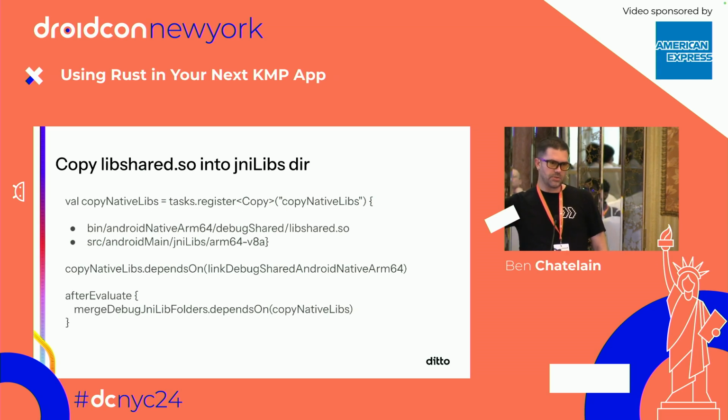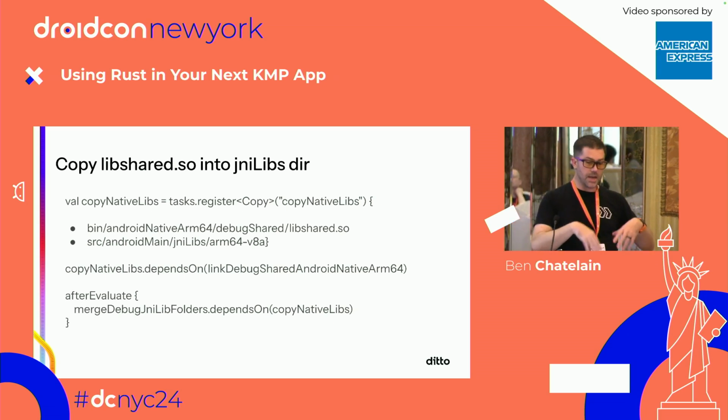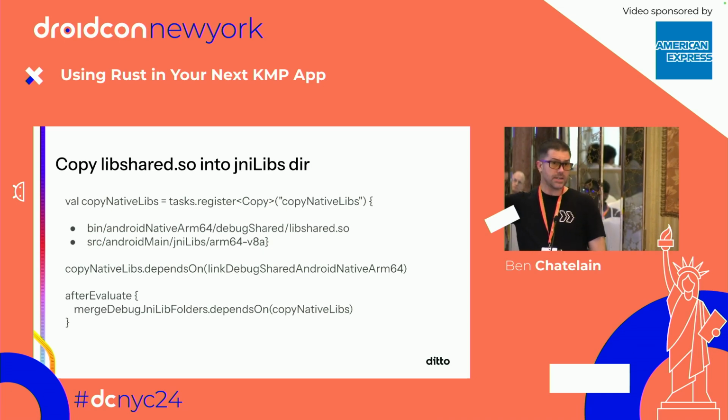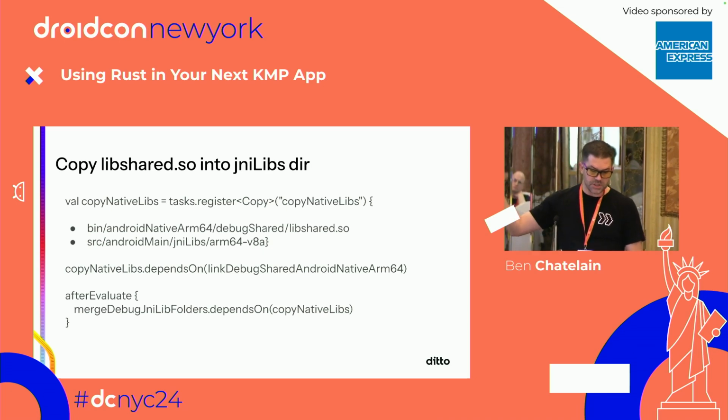This is a special directory where anything you put in there, and there needs to be an architecture-specific subdirectory, in this case ARM64, will just get copied automatically into the AAR, and then when your Android archive gets merged with the app, it will end up in the JNI subfolder of the app. And it will actually inspect the architecture and tell you if you put it in the wrong place and that sort of thing.